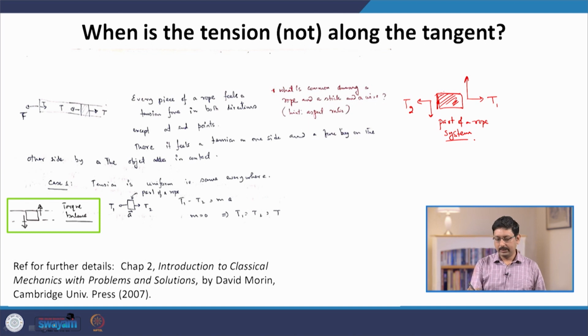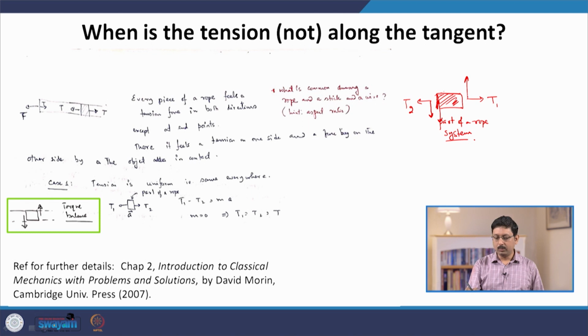Now, you may say that if I look at our pivot point here on the left hand side, the line of action of this vertical component passes through the pivot point, so this will not generate any moment. We are calculating the moment about this pivot point, and the moment due to this force is 0.